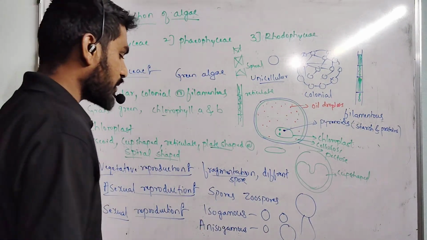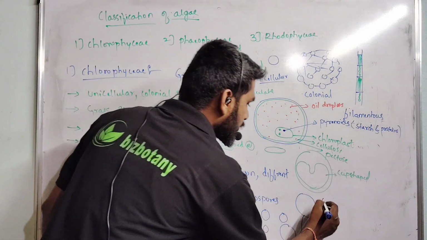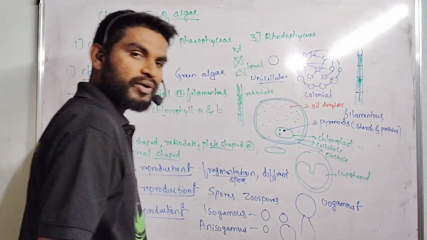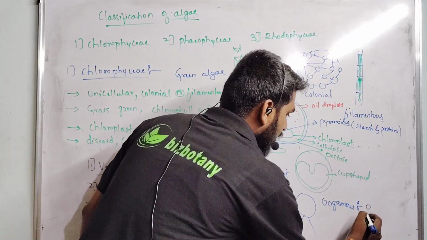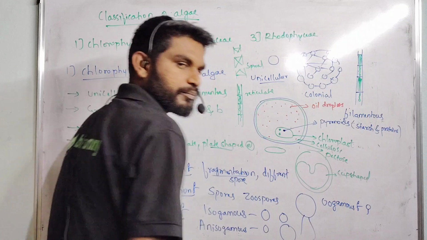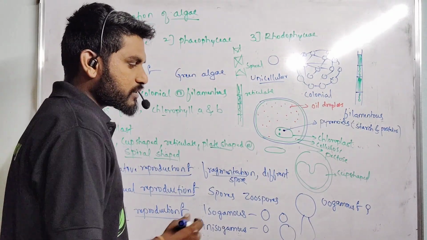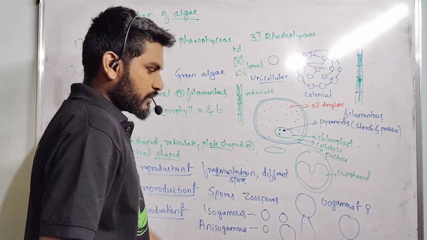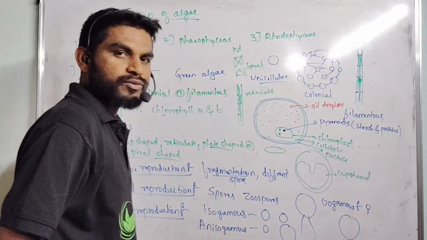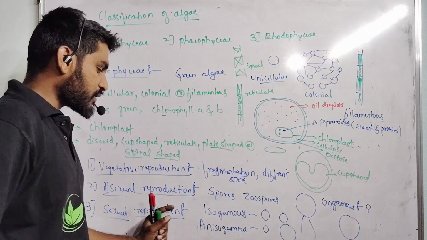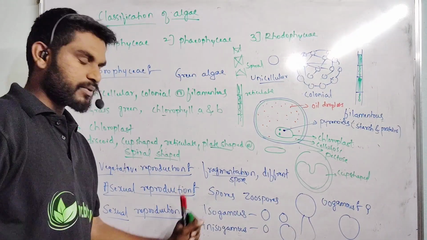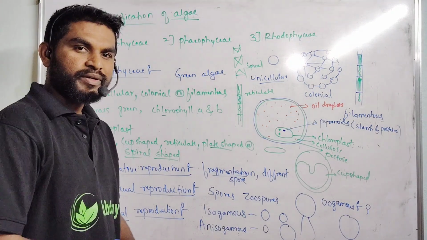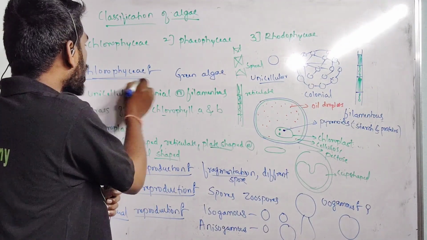Last one is oogamous type. In oogamous type, the male gamete is small and active because of the presence of locomotory organs. The female one is somewhat large and inactive. Sexual reproduction takes place by these kinds of gametes: isogamous, anisogamous, and oogamous in Chlorophyceae algae.